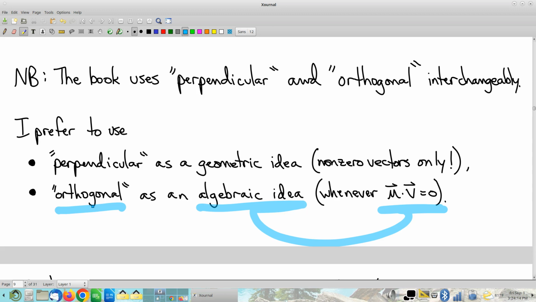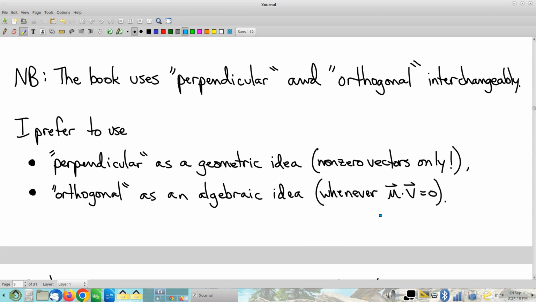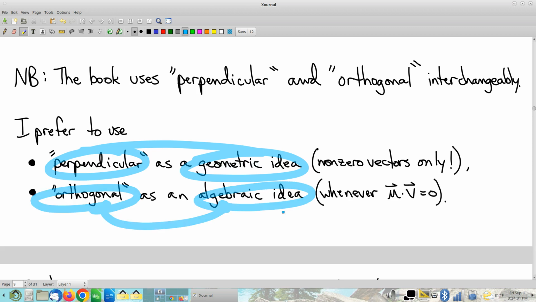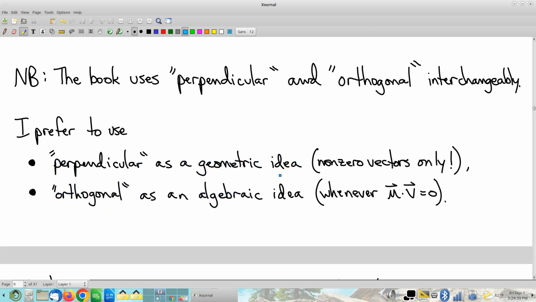Okay, so the way I see it, we have two importantly different ideas here. We should use different words for them, in my opinion. And it seems clear to me that because perpendicular is almost unavoidably a geometric statement, I don't really have much choice in the matter. The orthogonal word should refer to the other one. So anyway, I try to be careful about this distinction.